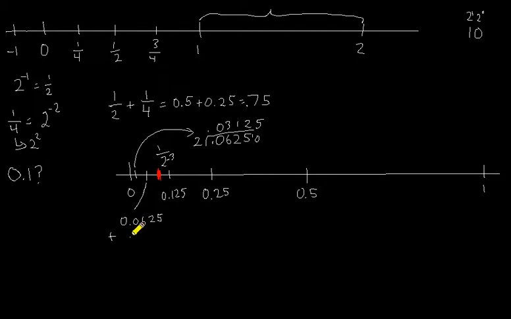So if we add on this smaller part, we'll get 0.09375. We can always extend zeros past there. Add these together, and we get a number that's closer, but not exact.